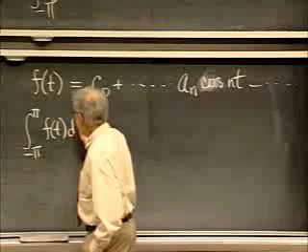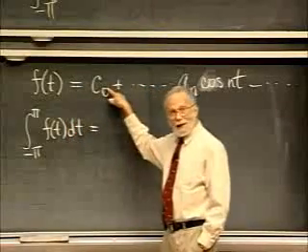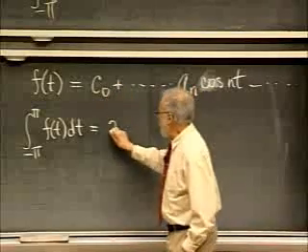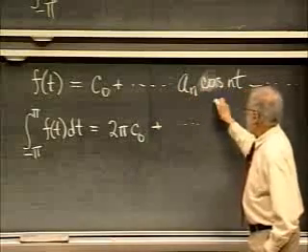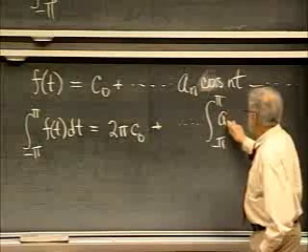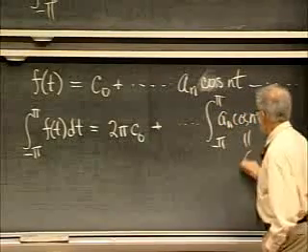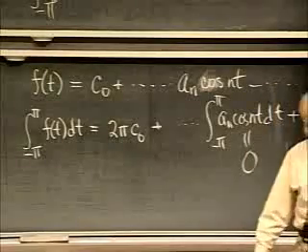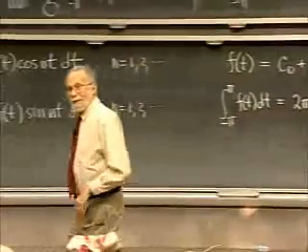What's the answer? Well, this integrated from minus pi to pi is how much? Is c0 times 2 pi, right? And the other terms all give me 0. Every other term is 0, because if you integrate cosine nt or sine nt over a complete period, you always get 0.